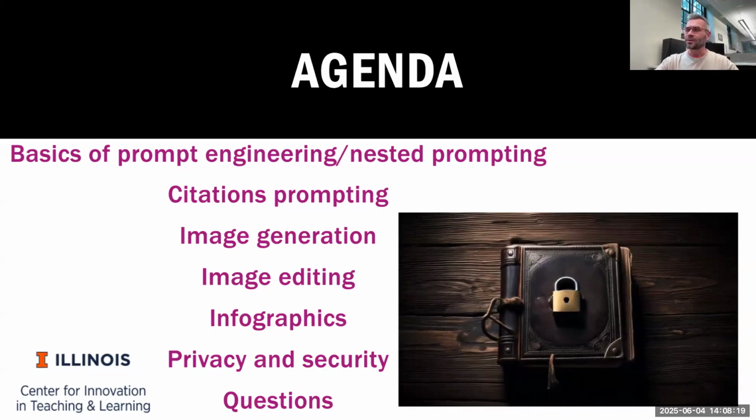I do have some resources to share with you about that, and then we'll just create images. I'll show you how to edit those images and add certain features to them. I'll show you how to construct an infographic, and of course, those of you who were with me yesterday, privacy and security once again will be one of the things that I will be reminding you of. And hopefully there will be time at the end to field some questions.